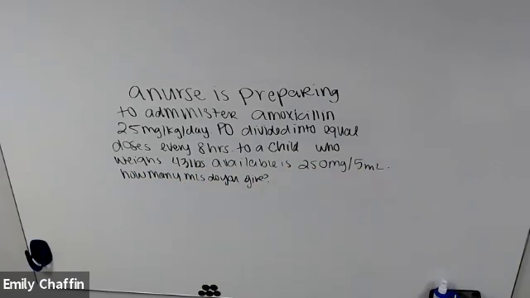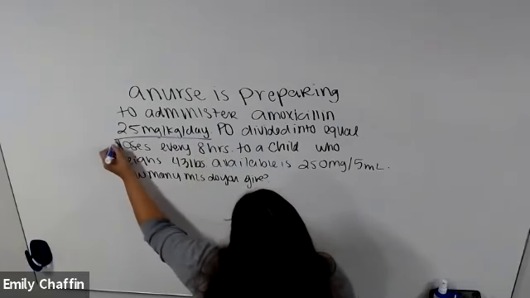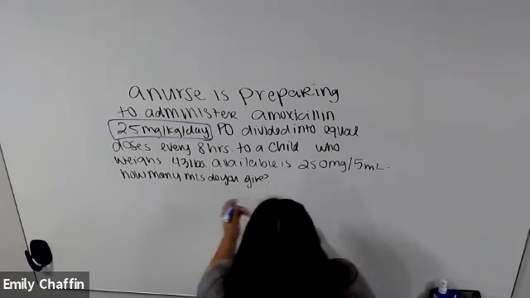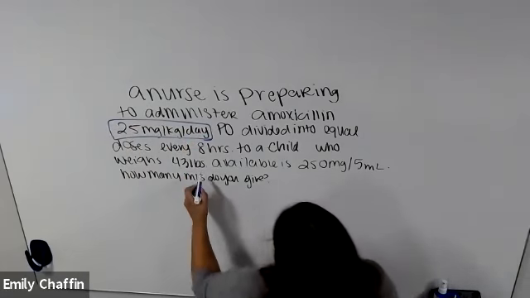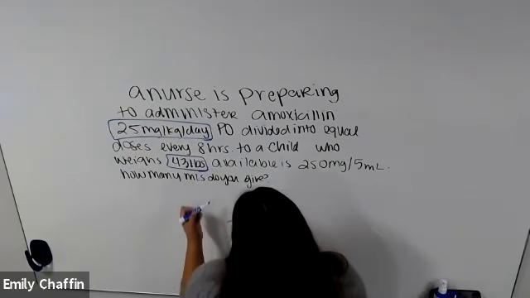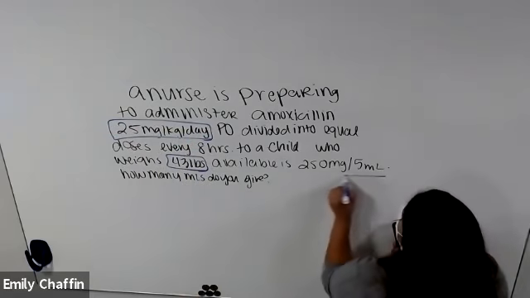Okay. So once again, here is what you are desiring. So what is your order? And then here is your weight of your patient. And then here is what you have.